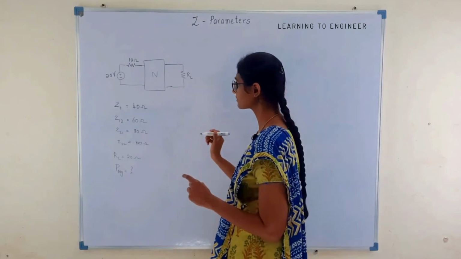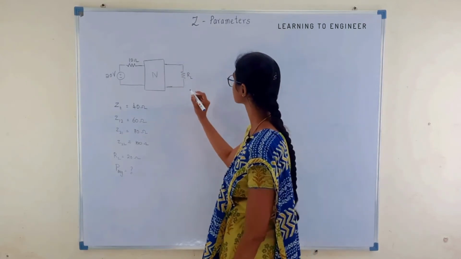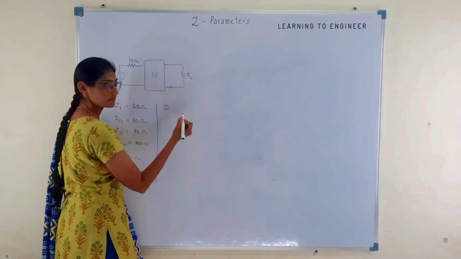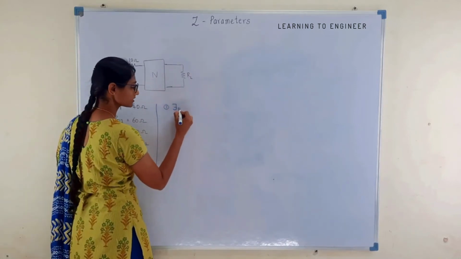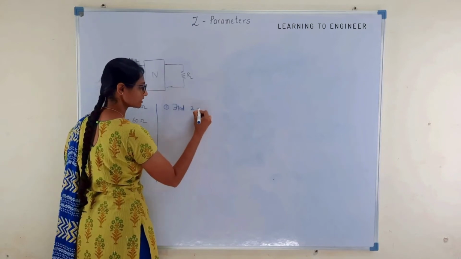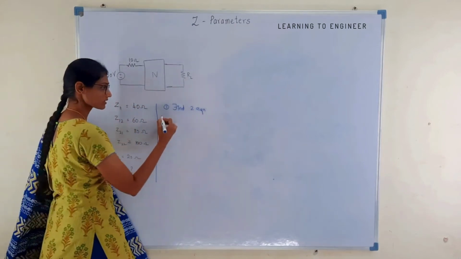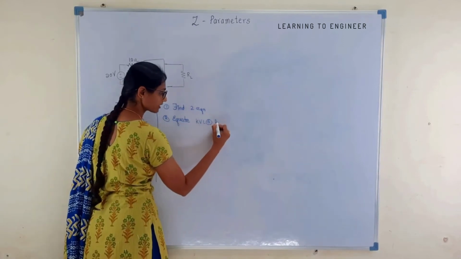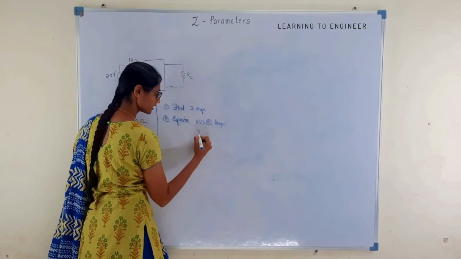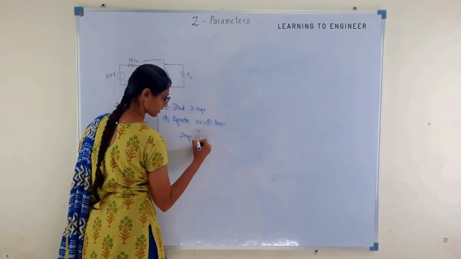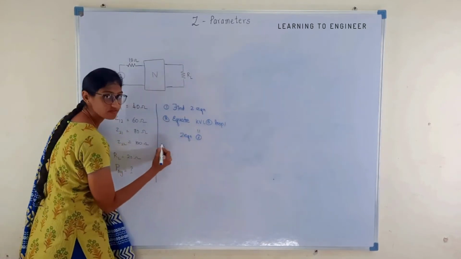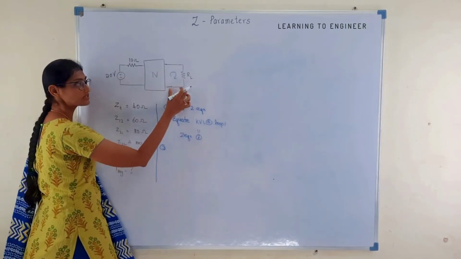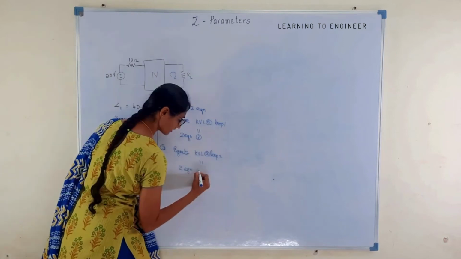Okay. So the first step to solve this problem is to find the Z equations from what is given to us. Then we will equate KVL at loop 1 with Z equation number 1. Next, we can equate the KVL applied at loop 2 and Z equation number 2.